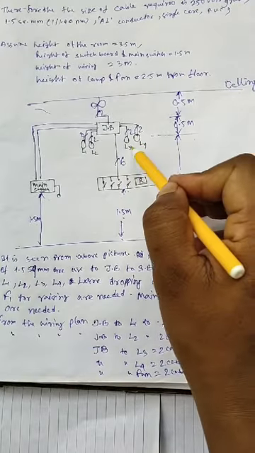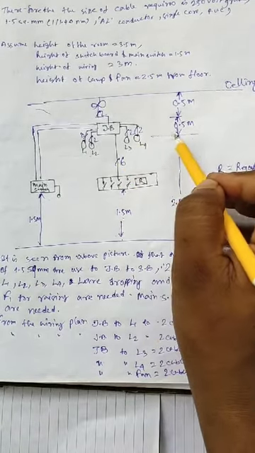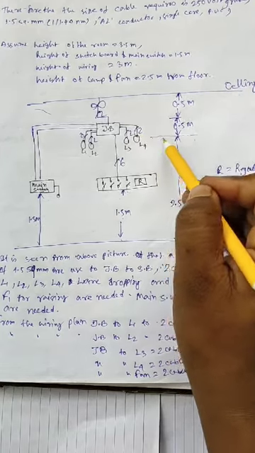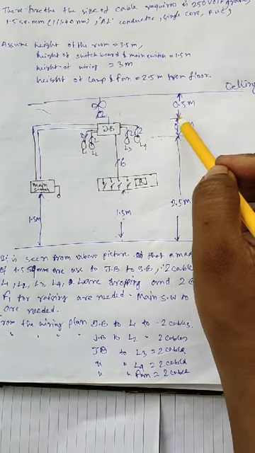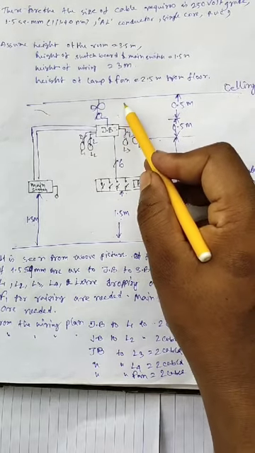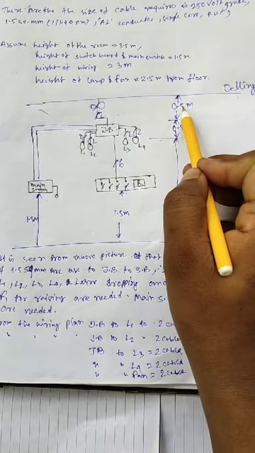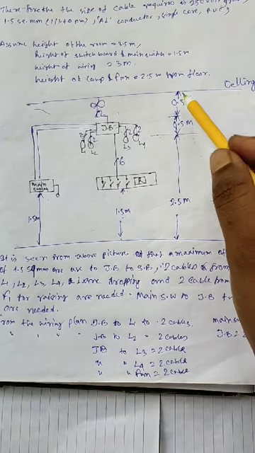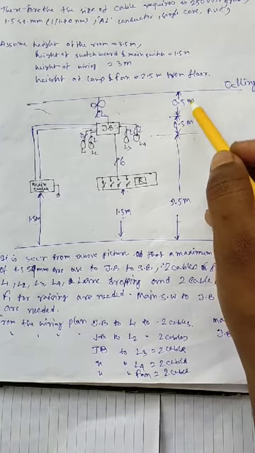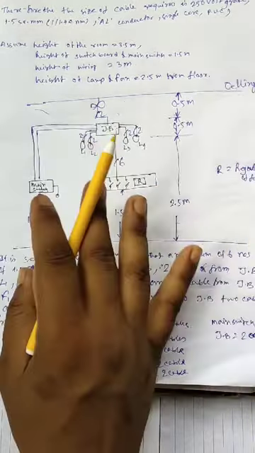Here also the lamp is hanging, and the fan is hanging below the ceiling by 0.5 meter. Okay, and junction box to ceiling is 0.5 plus 0.5, 1 meter. And junction box is 2.5 meter, total is 3.5 meter, then it is 1 meter. Okay, this is the side view.